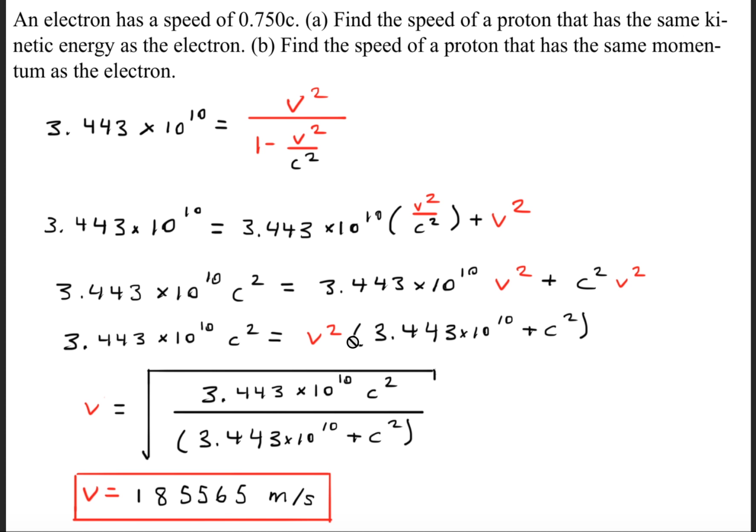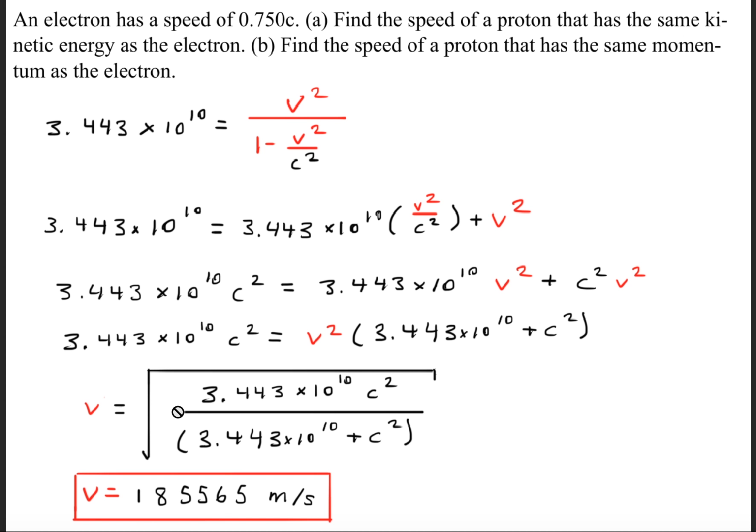In about 2 or 3 steps that I added here, I divided by this term right here, and I took the square root so that I'm left with just the velocity. So we get that the velocity is equal to the square root of 3.443 times 10 to the 10th times the speed of light squared divided by 3.443 times 10 to the 10th plus the speed of light squared.